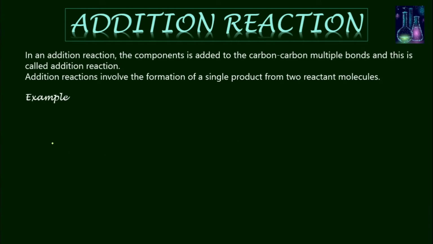Let's see another example. Again, a carbon-carbon multiple bond. So we have ethyne, carbon-carbon triple bond, reacting with a hydrogen molecule, H2. Here, the reaction takes place in the presence of palladium or platinum catalyst.